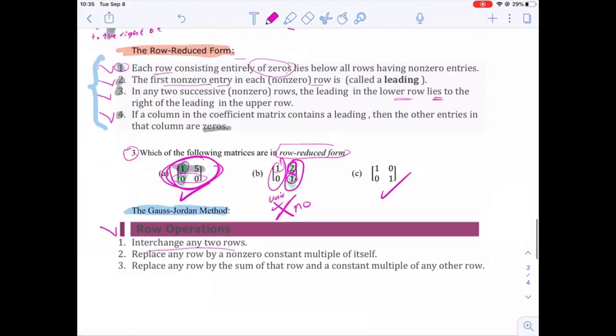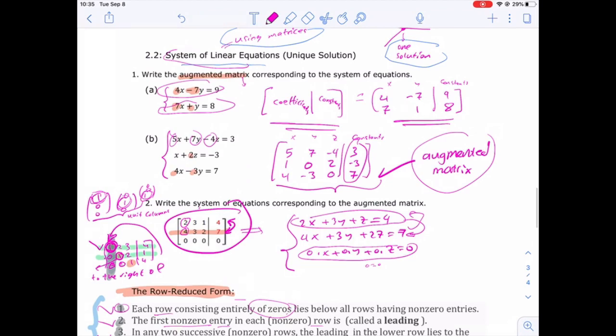For example, we can multiply the first row of this by 2, and that will not affect our solution, because that means we are multiplying the original equation by 2, and if you just divide by 2, you get rid of that. That will not affect the solution, because you still have a parallel line.